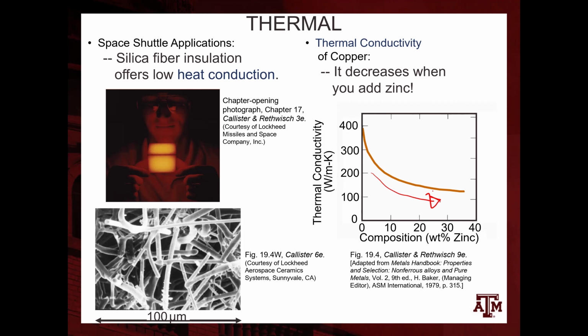So we use something like silica fiber insulation. Those are basically porous materials, and most porous materials would have a very low thermal conductivity, and therefore they will not conduct heat very well. And by doing that, we can basically protect the underlying equipment and systems.